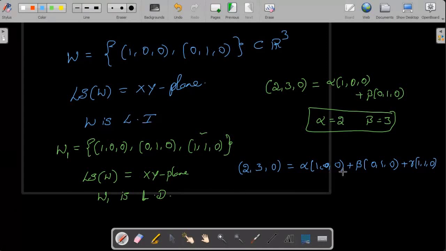Now, if you look at alpha, beta, gamma, which gives you (2, 3, 0), there are infinitely many such alpha, beta, gamma, not just one. So let me give you one possibility. Alpha equal to 2, beta equal to 3, gamma equal to 0.